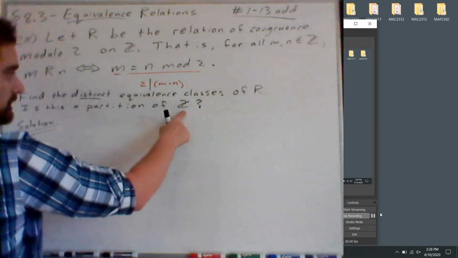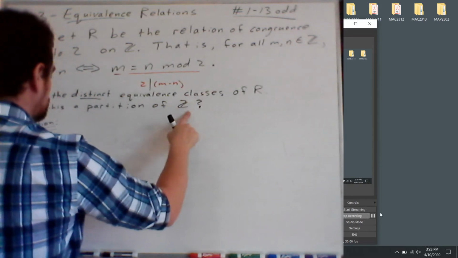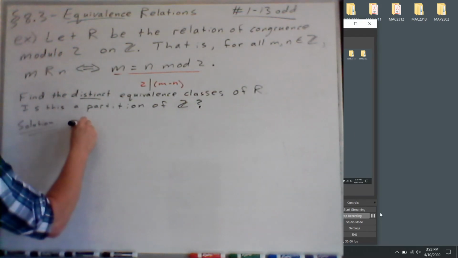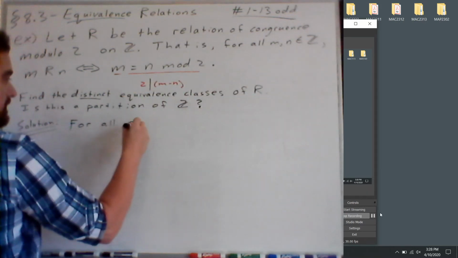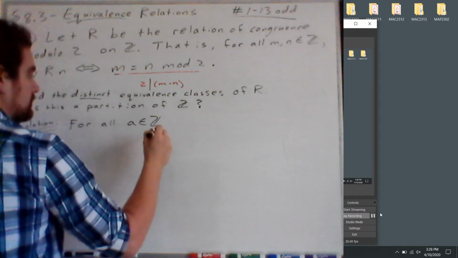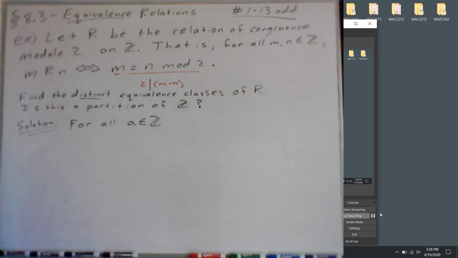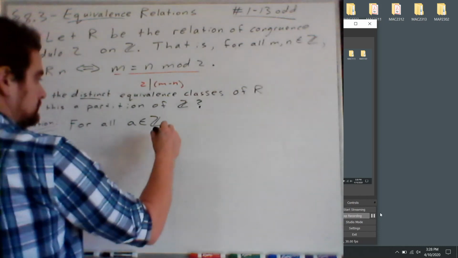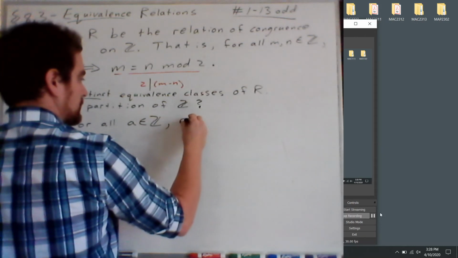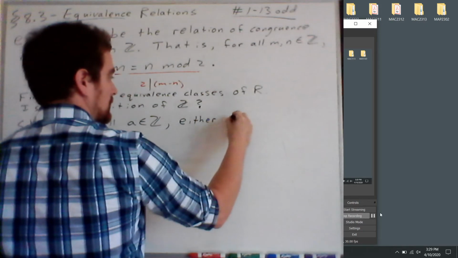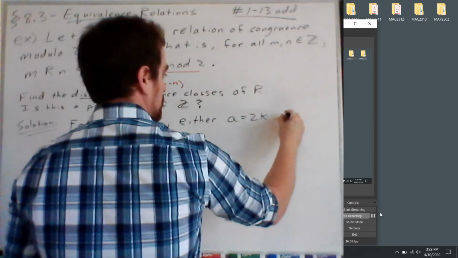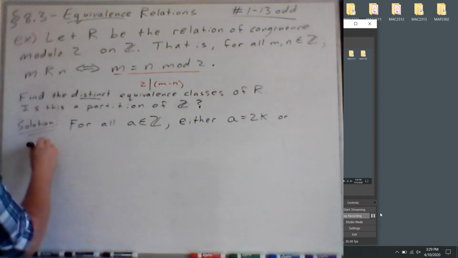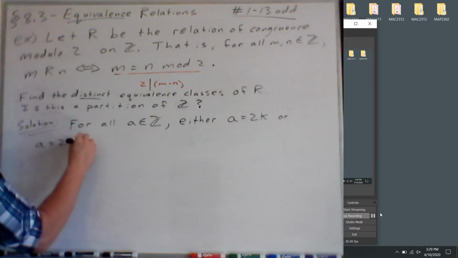Well, notice we're dealing with the integers. I'm just going to pick a random element, say A. All right, A is some integer. For all these elements A in the integers Z, either A is equal to 2K, or A is equal to 2K plus 1.